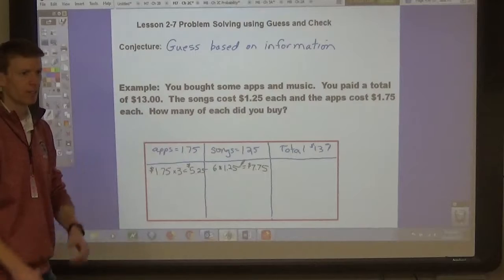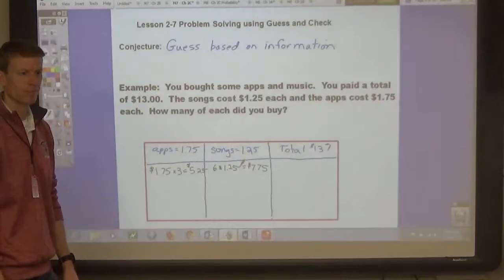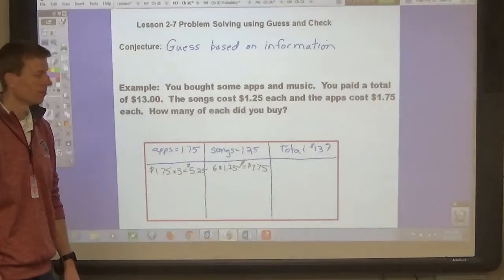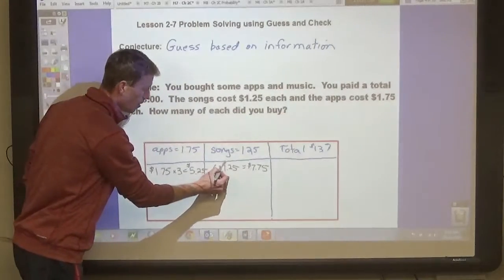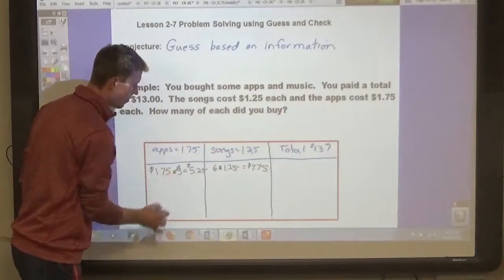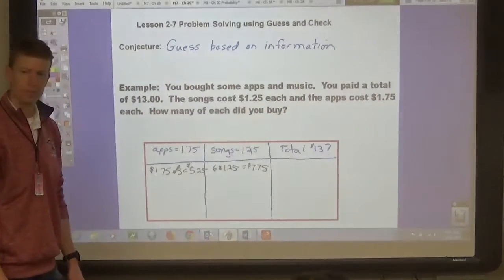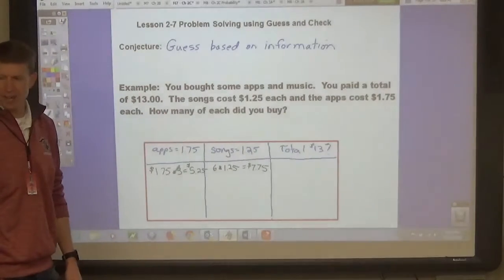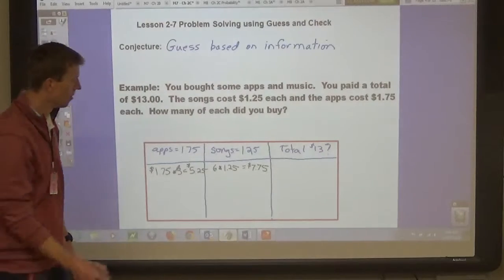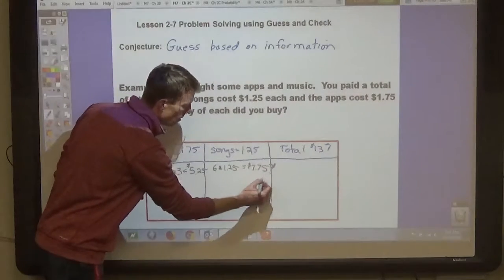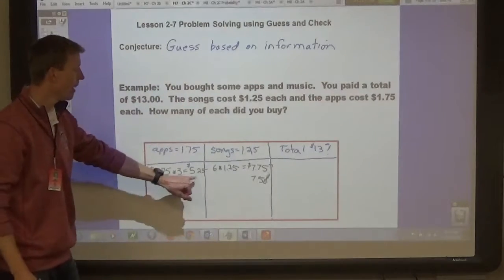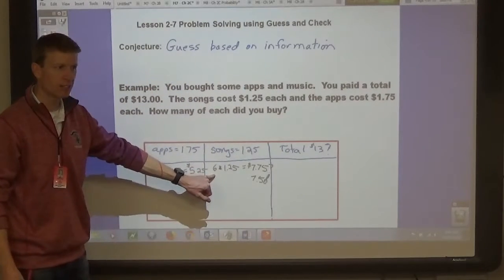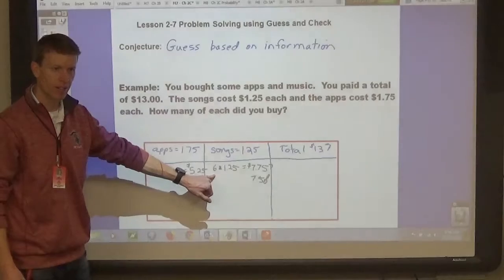No. Figure it out. 6 times 1.25 is $7.50, so that doesn't work. So that combination of 3 apps and 6 songs does not work, right?